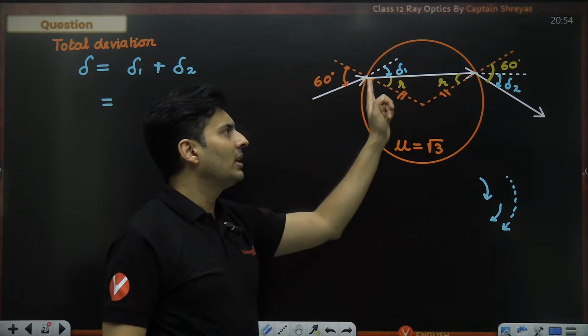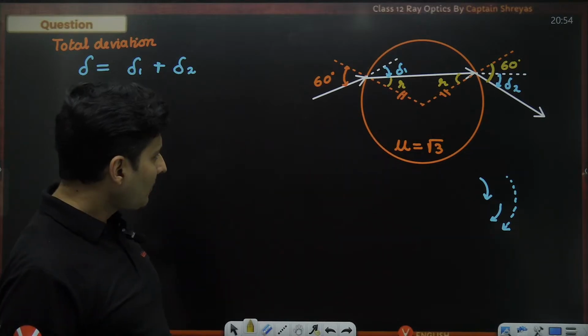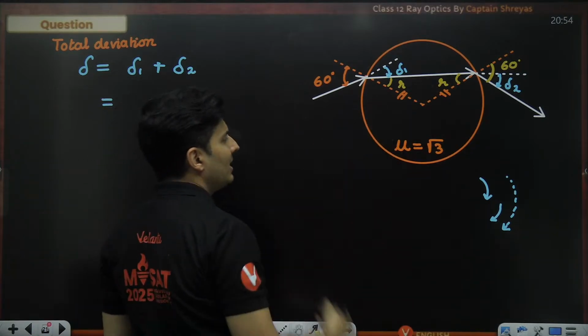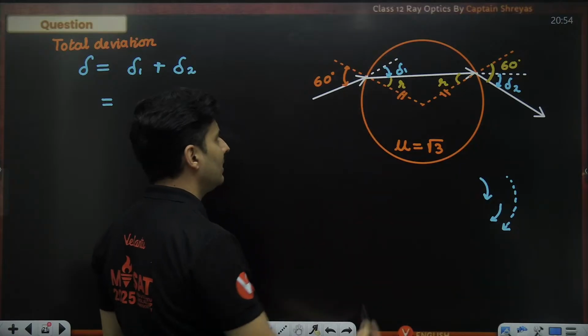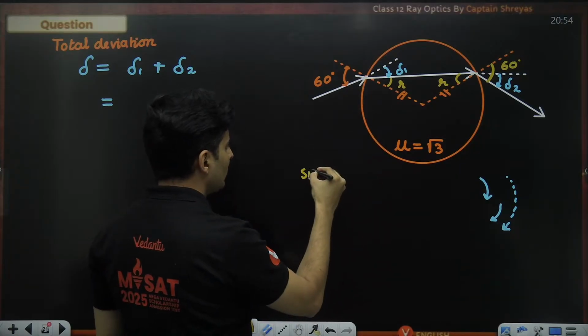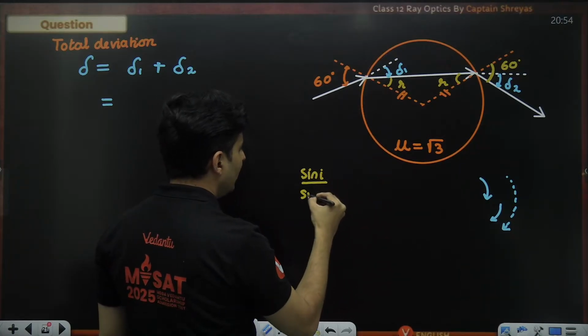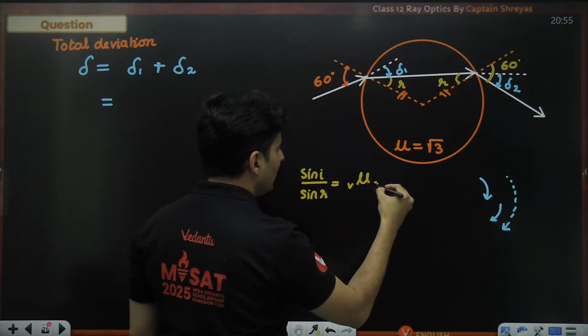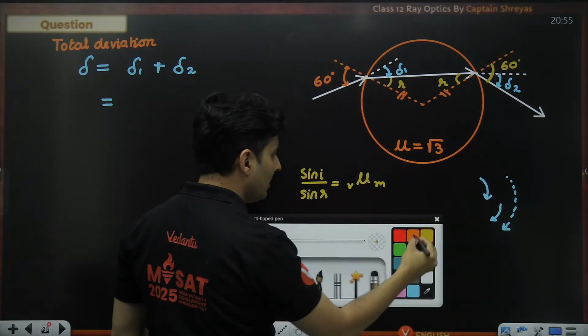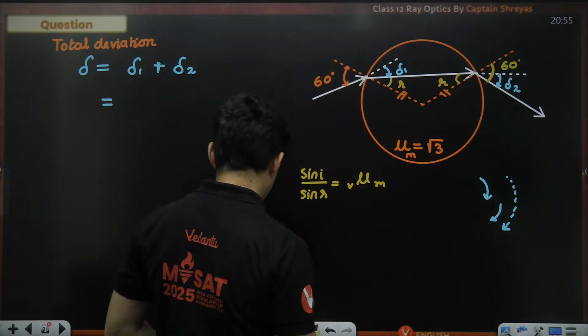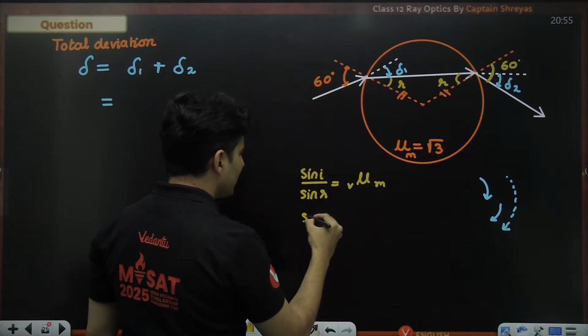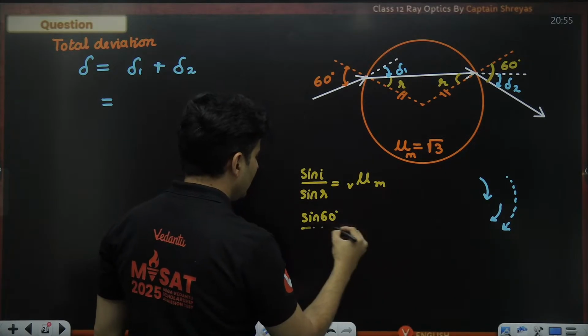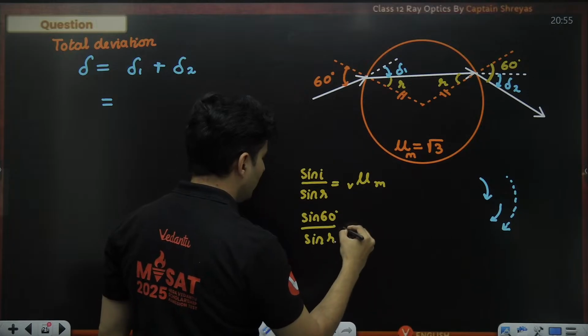So I got to know that the base angles are the same. Great. Can I find those base angles? Because only then I can find delta. Yes, we can use Snell's law. So sine of I divided by sine of R, as light is going from vacuum to that particular medium, whatever that medium M is. So I'm just putting that. Okay. So sine of 60 degrees by sine of R, which I do not know.